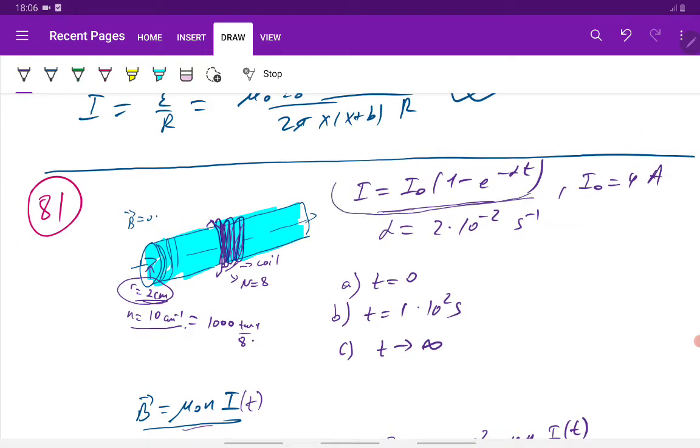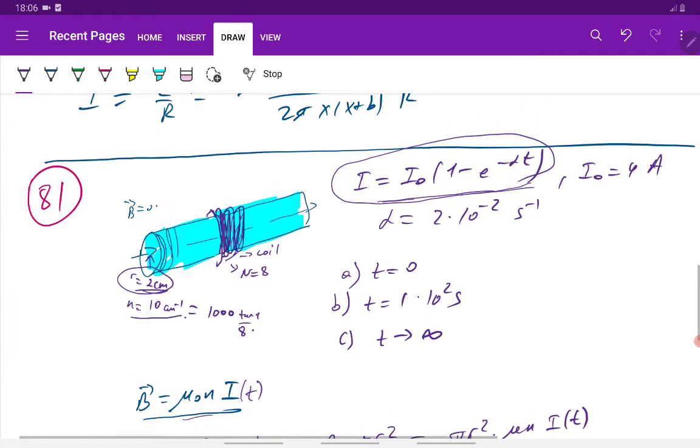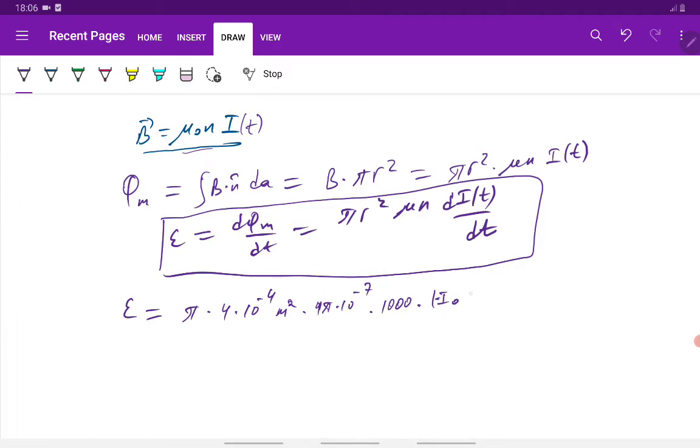So if we take the derivative with respect to t, then we will have only, so I will just write magnitude I0, and the derivative of this, minus alpha, so minus alpha t, right?